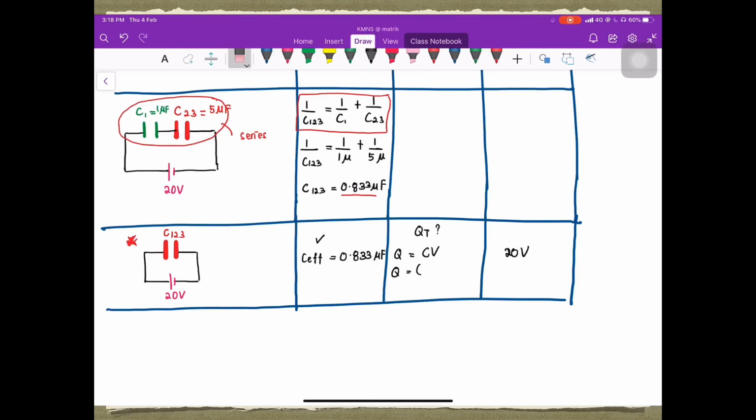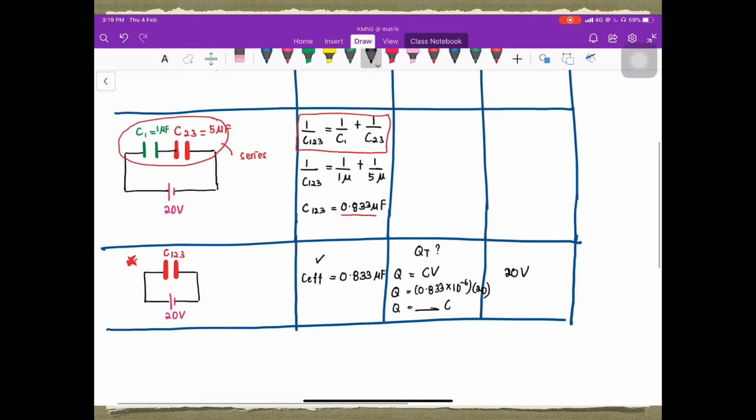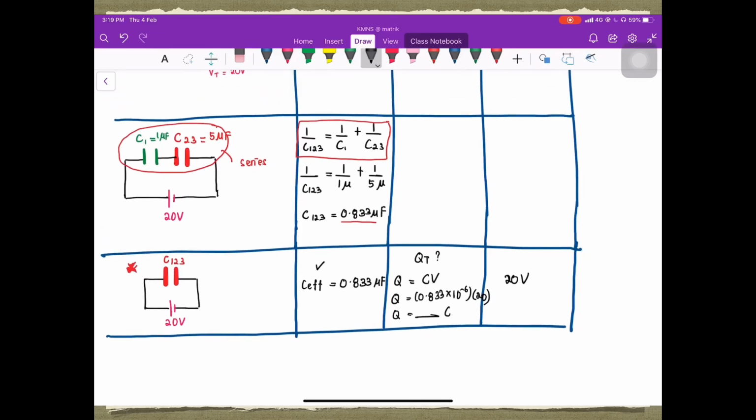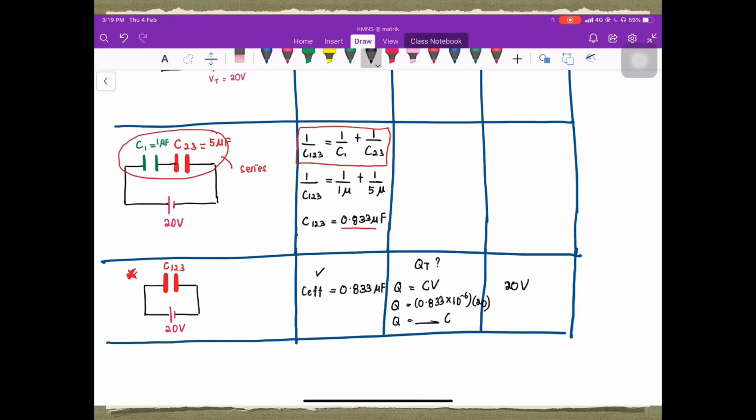Effective, or we use the value in micro here, and then times 20. So from here we will get charge in coulomb. Okay, after we get all the total values in the below row, now we need to look for the previous row.